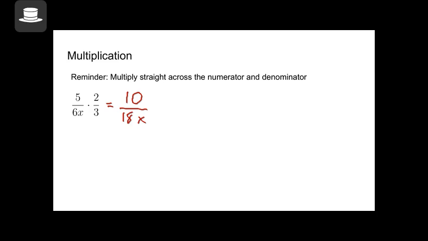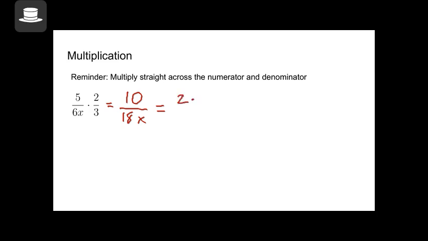So here would be a situation where I want to do, like we did in the first example, where I would find the greatest common factor of these and rewrite it as the greatest common factor times whatever to make it equal 10. So the greatest common factor for 10 and 18 is 2.